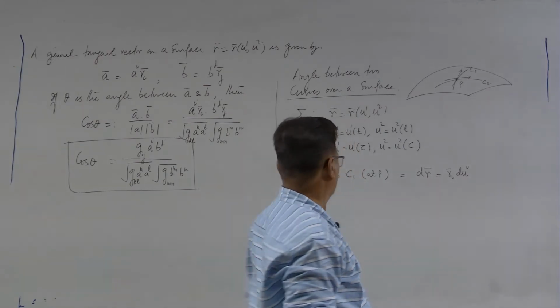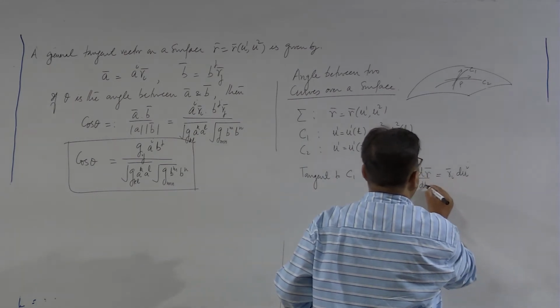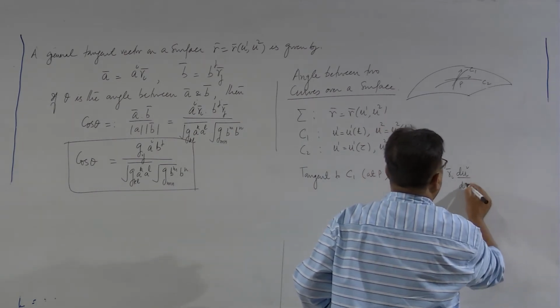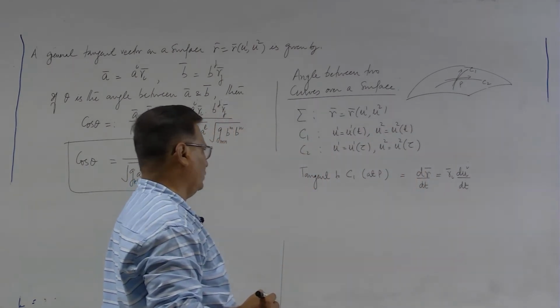Okay. Or if you wish, you can write dr over dt over here and du^i upon dt over here. So, this is the tangent vector to C1.